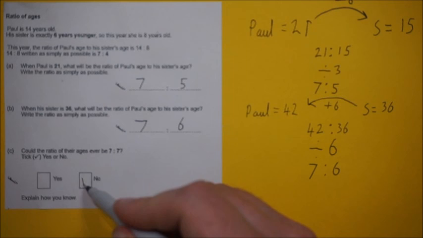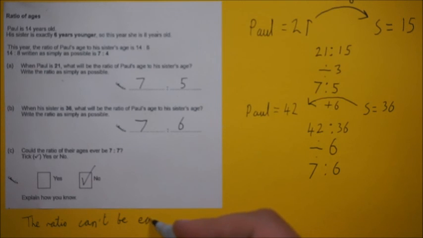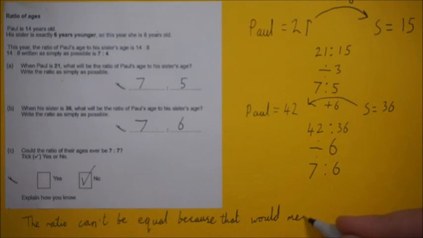Could the ratio of their ages ever be 7 to 7? Well, the answer is no, and the reason is because the ratio can't be equal, because that would mean that they were the same age.